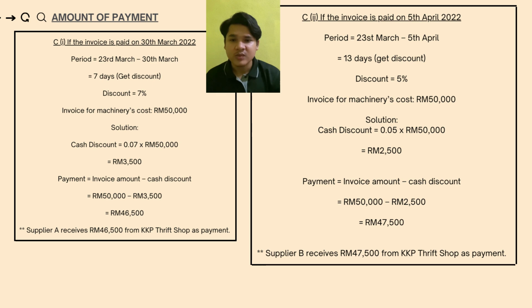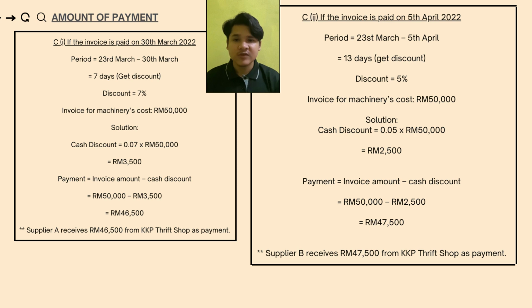Next, for the payment equals invoice amount 50,000 ringgit minus cash discount 3,500 ringgit equals 46,500 ringgit. So supplier A receives 46,500 ringgit from KKP TIF Sdn Bhd as a payment.